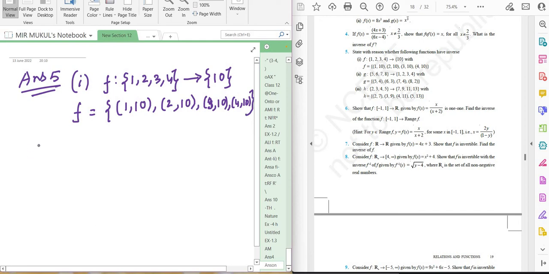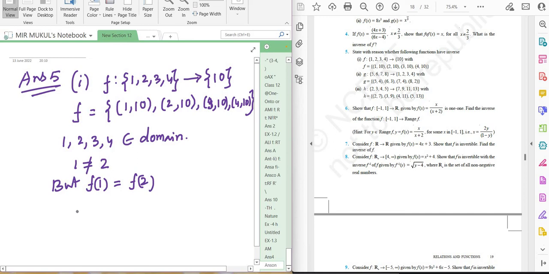Is it a one-one function? See here, 1, 2, 3, 4 all belong to the domain and they are distinct. Yes, sir. So here 1 is not equal to 2, but f(1) equals f(2), both we are getting 10. Therefore f is not one-one.